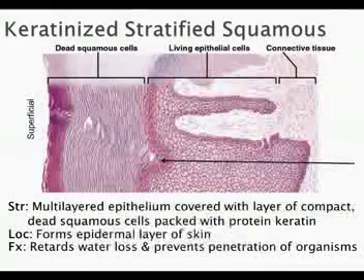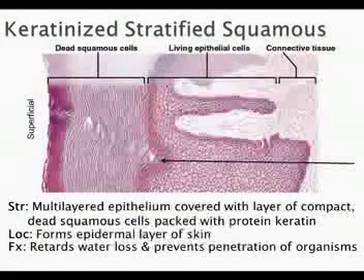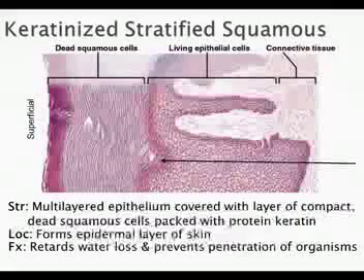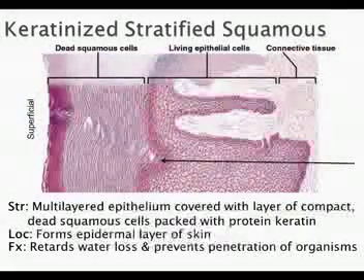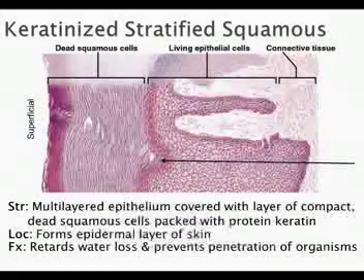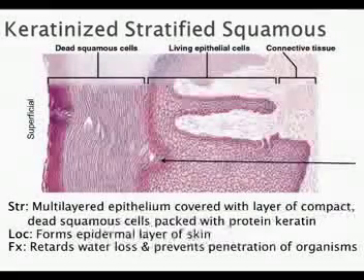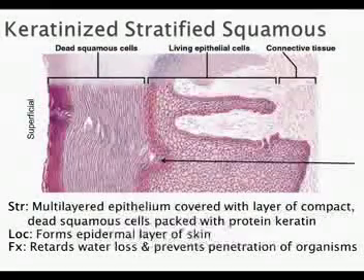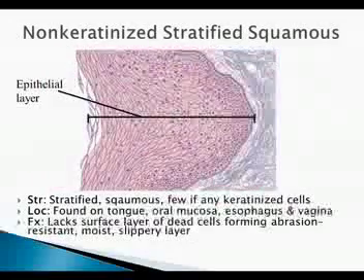These are all viable answers. What I want you guys to be thinking about is, I'm looking at a slide, but it's not just a slide of keratinized stratified squamous. There's a lot of other stuff going on in here, and you should always try to be thinking about what this could possibly be. Really try to critically think and analyze and break apart what you're looking at. Don't just get honed in on one specific aspect. Look at the big picture as well.